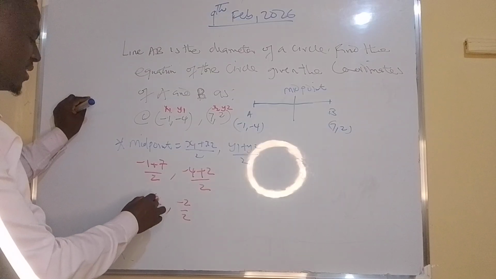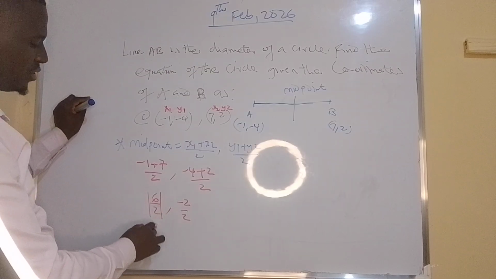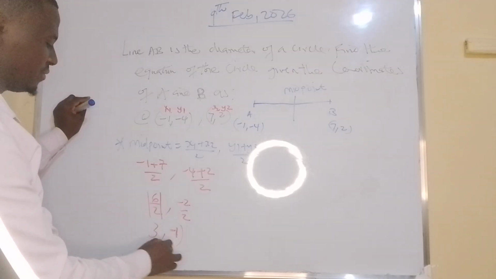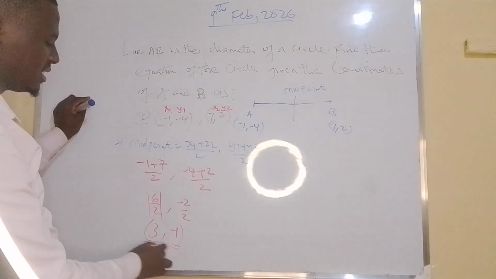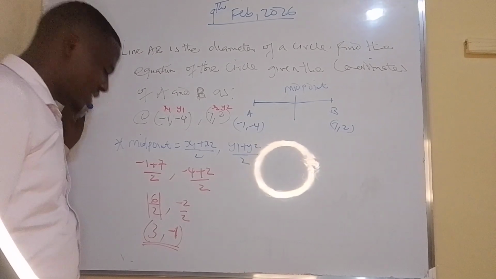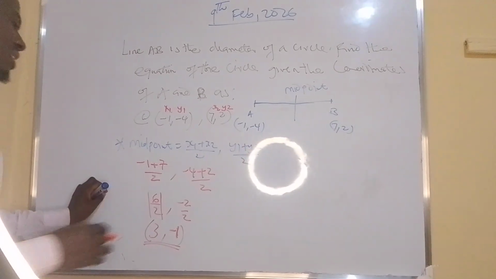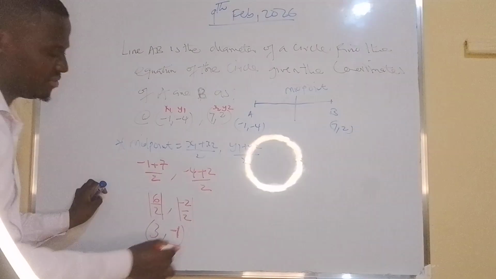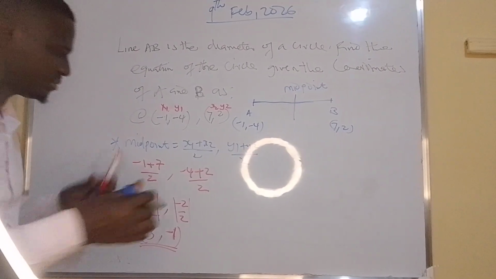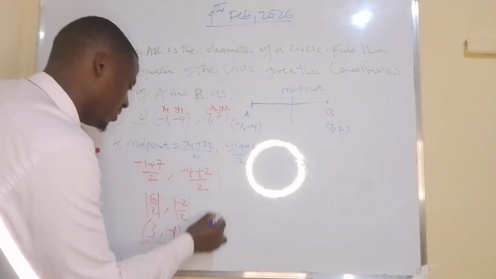So this gives you 3, comma, -1. That is the center, or the midpoint. 3 and -1 gives you the center of the circle.